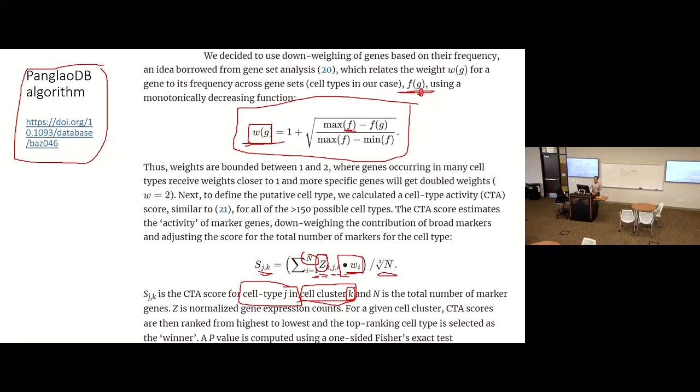When I say average, it's divided by N. I use the square root of N to do the average.